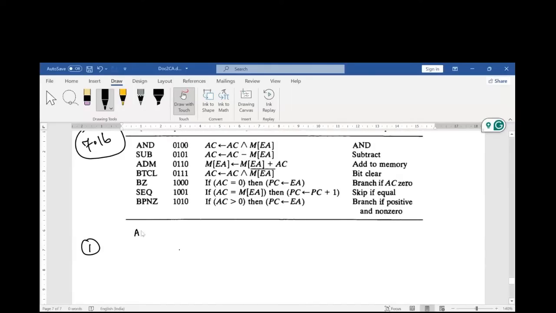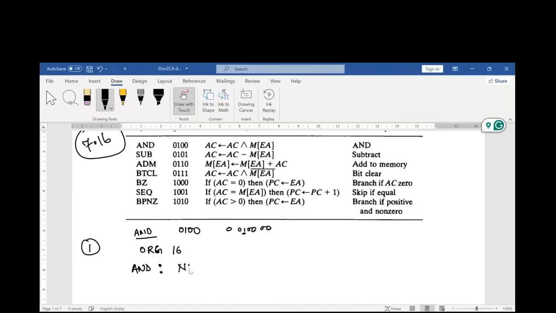Let us see how to write the microprogram for AND. The opcode is 0100 and hence what would be my origin? Two zeros over here, 10 over here, and it would be ORG 16. 1, 2, 4, 8, 16. Make a label, and here my operand is in memory.